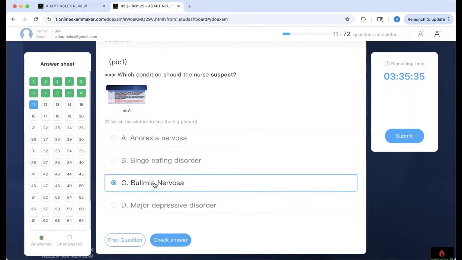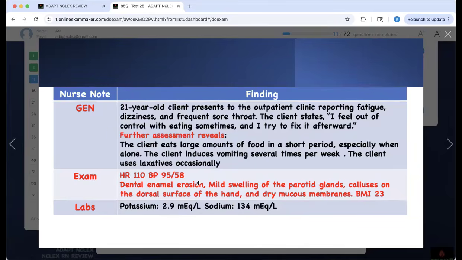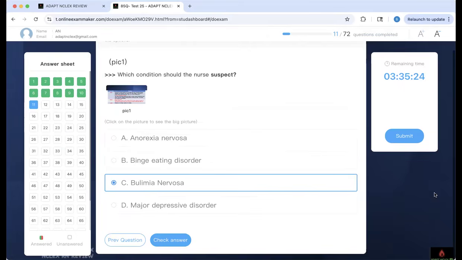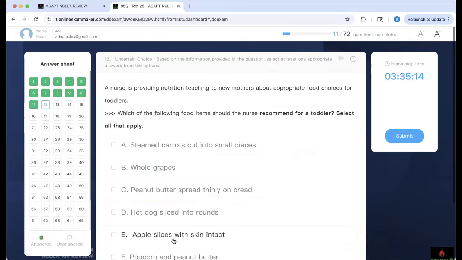In bulimia, because of vomiting, acute dehydration, sympathetic system. And therefore, this patient is bulimia. The BMI is normal, so it cannot be anorexia. It cannot be major depressive disorder because it does not have all the features. And binge eating disorder, they just eat nonstop. Therefore, this is a bulimia patient.